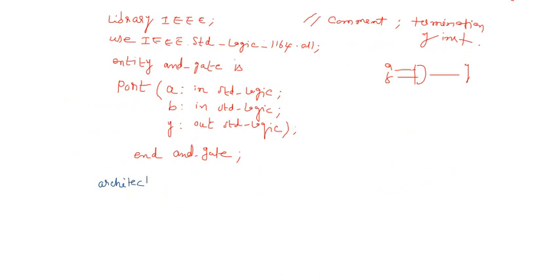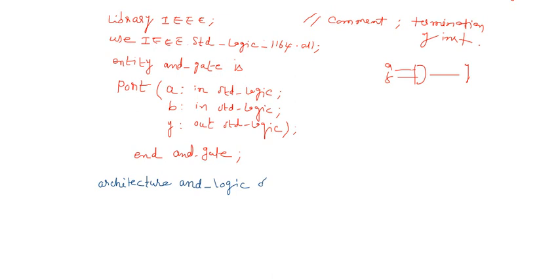I am giving some unique name to my architecture. Like I am taking the name and_logic, or something I am writing. You can write anything here, not a problem. Architecture and_logic, anything you can do here. Architecture and_logic of the entity.